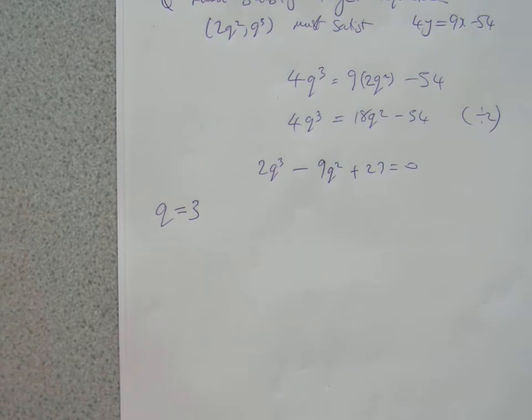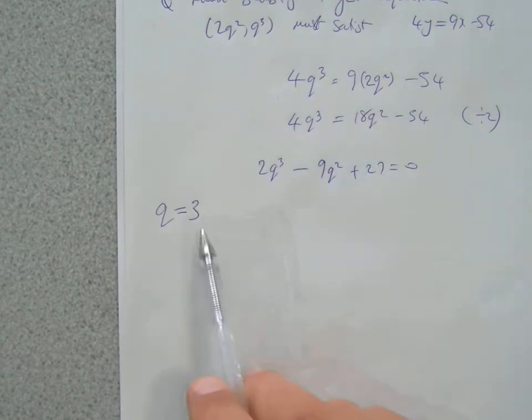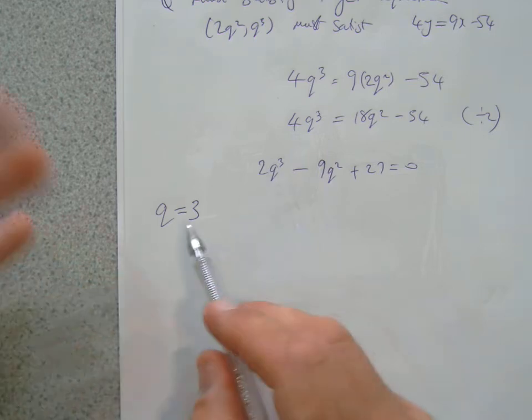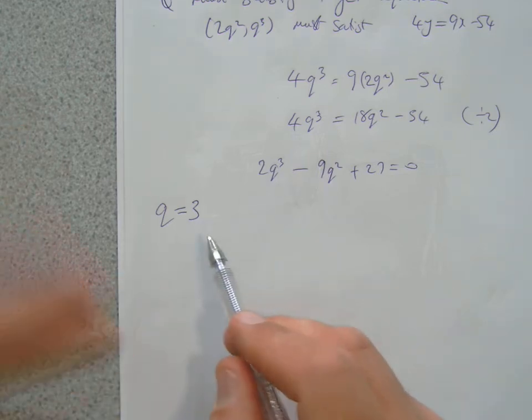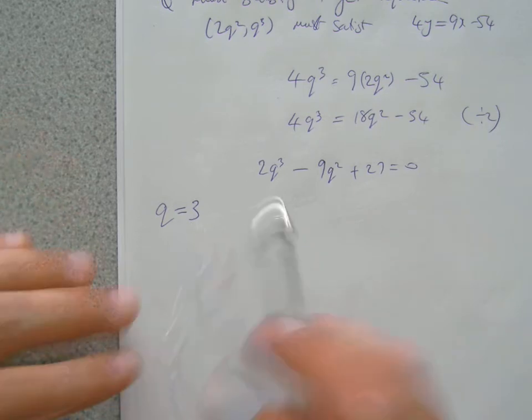I know q equals 3 will probably work, because if you remember earlier it said p was equal to 3, and p equals 3 is on this tangent. Putting q equals 3 will also work, and we'll explain that more later. But I know this one will work.